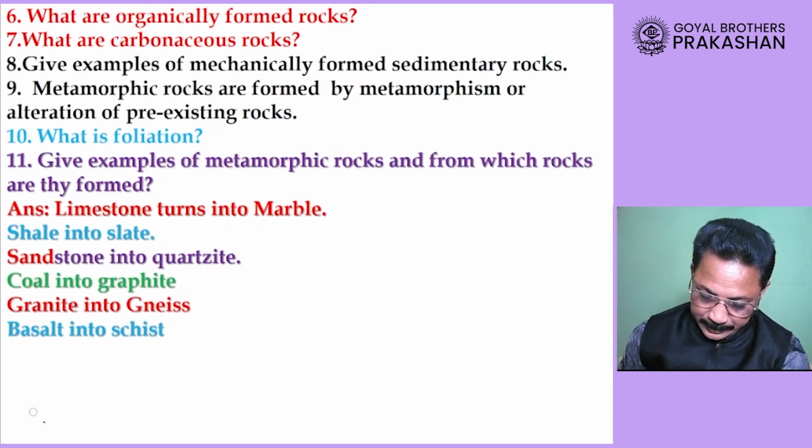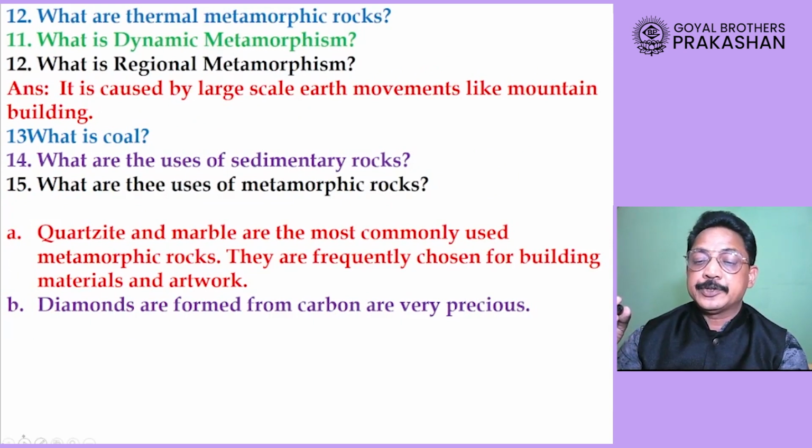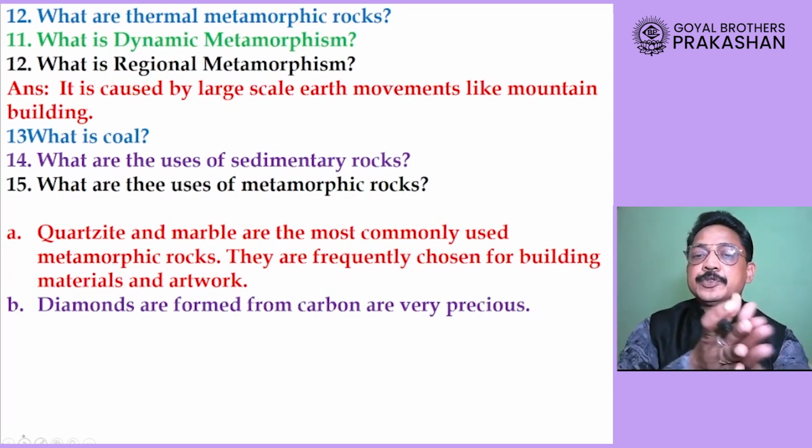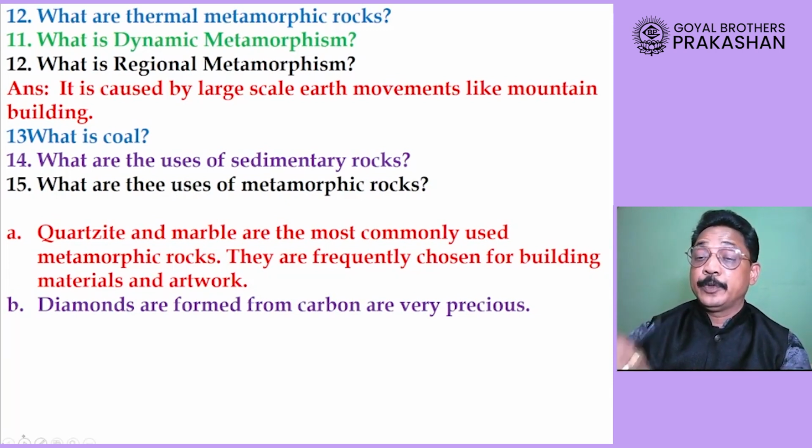Okay. Now students, question 12. What is thermal metamorphism? Now remember, the word thermal is related to heat. When pre-existing rocks like sedimentary and igneous rocks get converted into metamorphic rock due to heat obtained from hot magma, or because of the friction between the rocks, the heat produced changes the rocks into new rock.